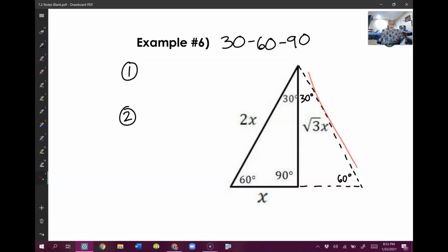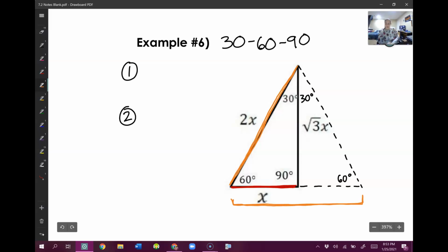So when you understand that, you can see this first pattern is that this side right here is always going to be half of this side right here. So this short red side is always going to be half of this longer side because that equilateral thing happens.